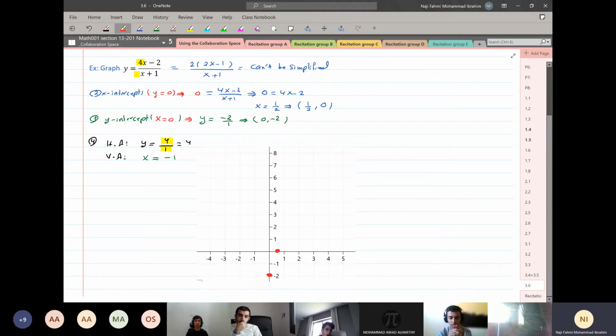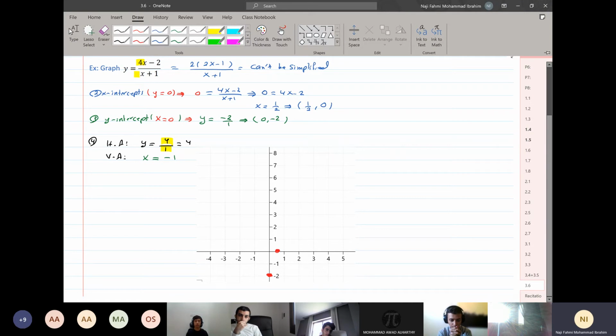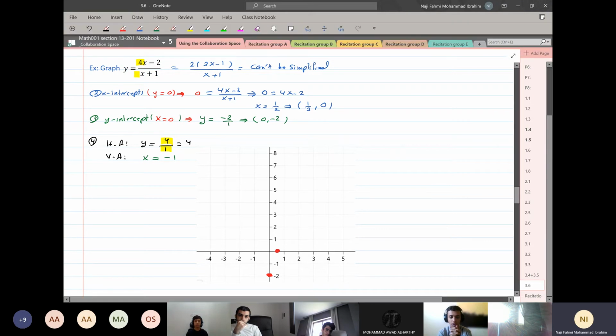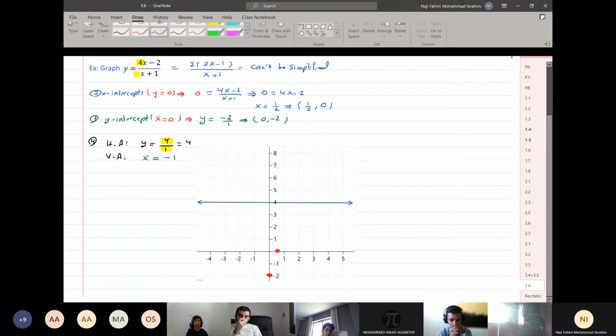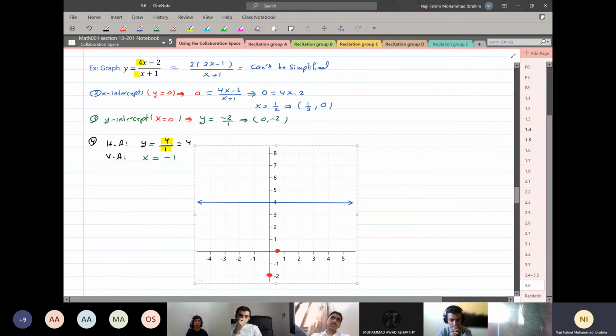The horizontal asymptote was y equals 4. So let's plot it here. This is our horizontal asymptote. What's the vertical asymptote now? x equals negative 1. We plot it here.